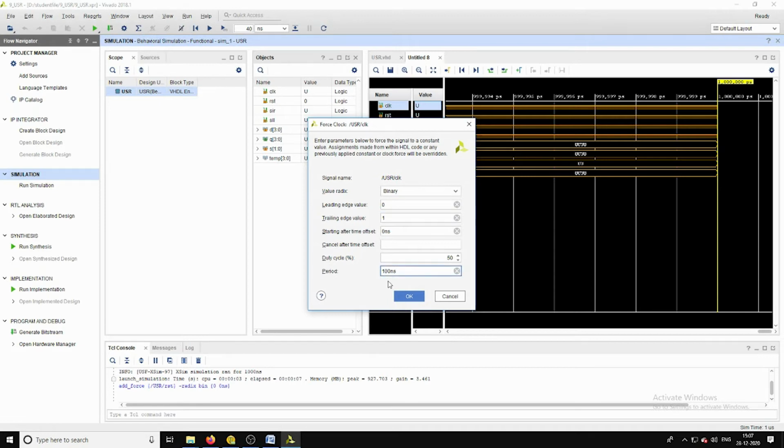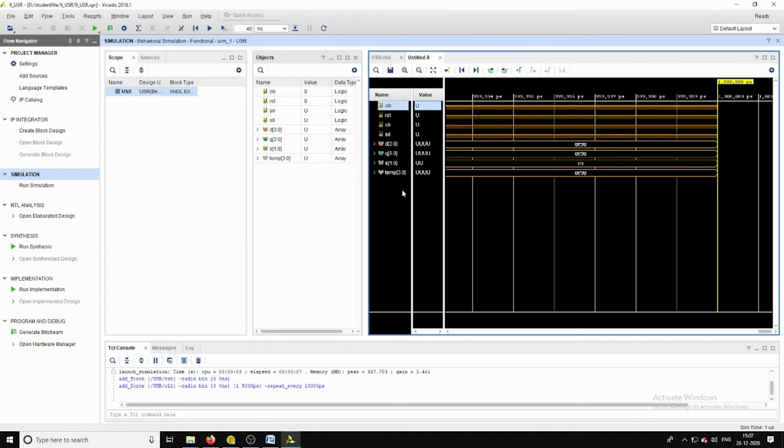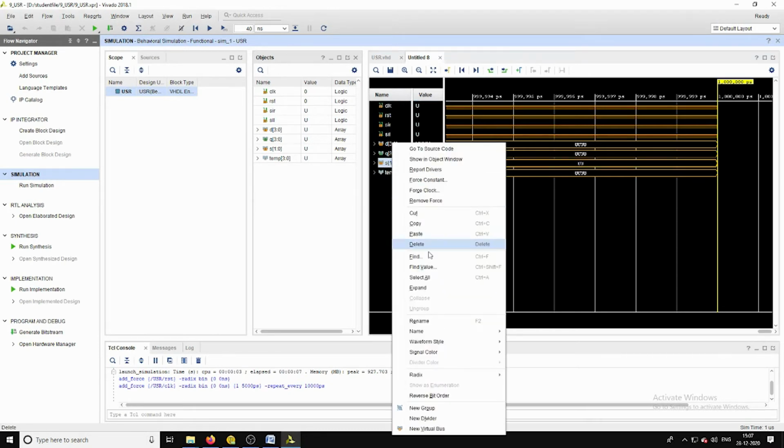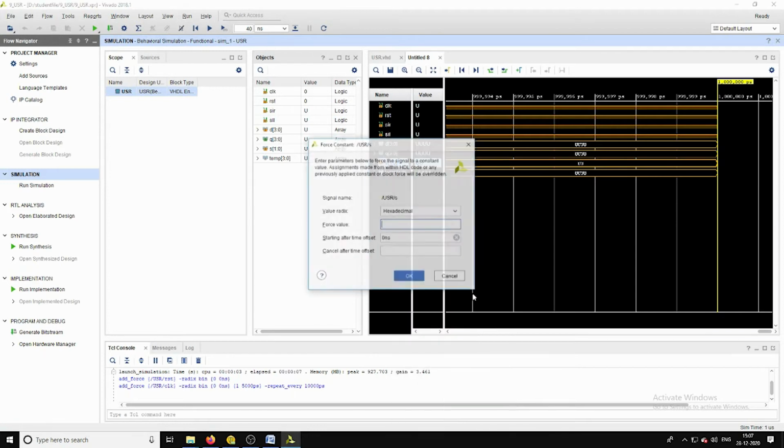Here I have considered the time period as 10 nanoseconds. Now let us consider the first operation, that is the selection line. I am considering it as 1 1, that is parallel load operation.